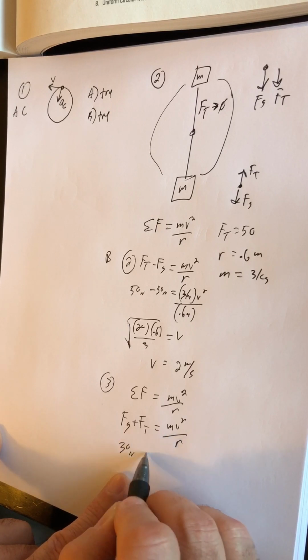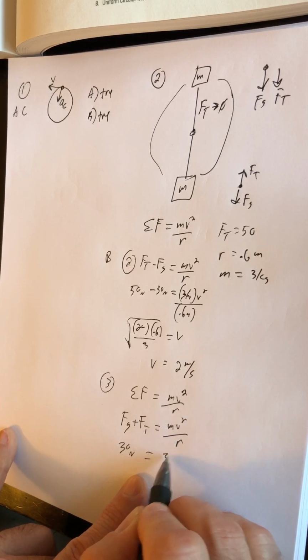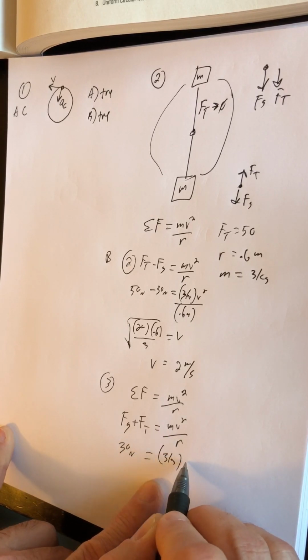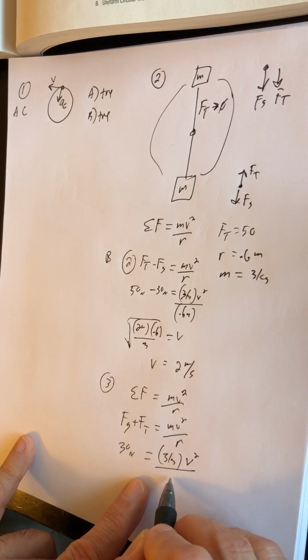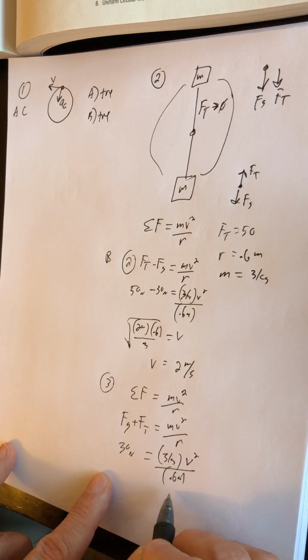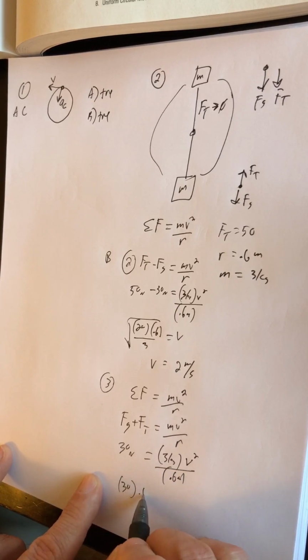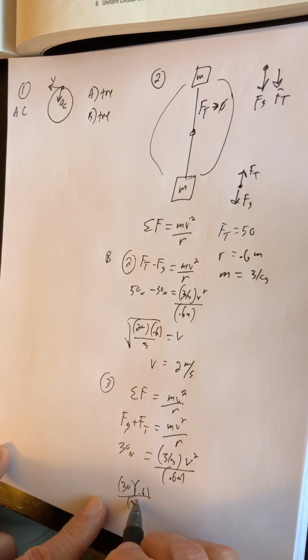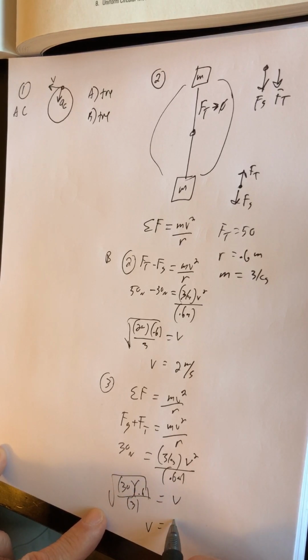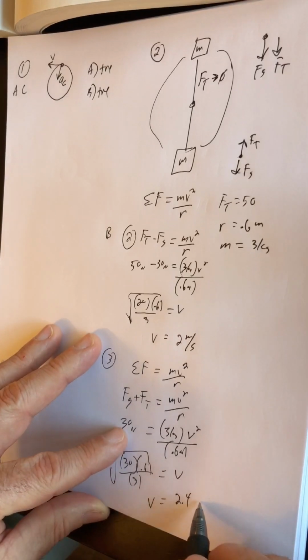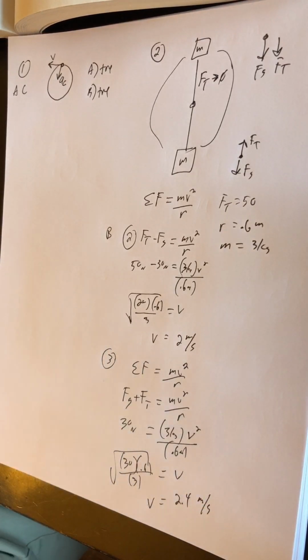For tension, I'm putting in 0. The mass is 3 kilograms. Velocity is v squared, and the radius is still 0.6 meters. So what do I get? 30 times 0.6 divided by 3, and take the square root of that. And so v comes out to be 2.4 meters per second. And that's choice C.